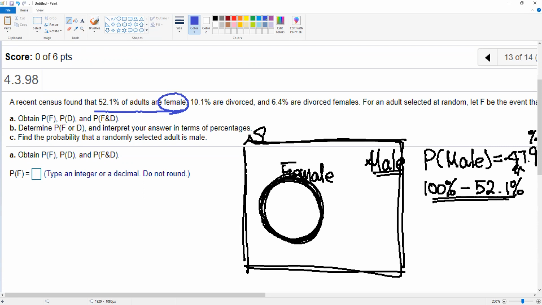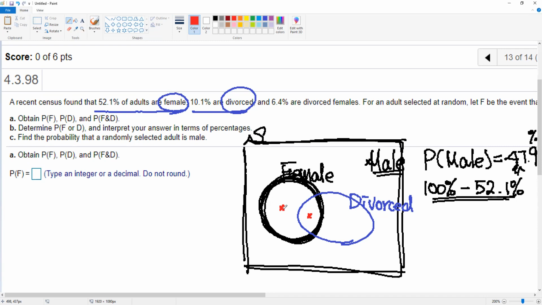And now we have another group. I put the other event as divorced. And now, who is in the middle? Divorced female. Does it make sense? Because the middle is an and, so female and divorced, the divorced female. Who is here then? There is a female, but not divorced.